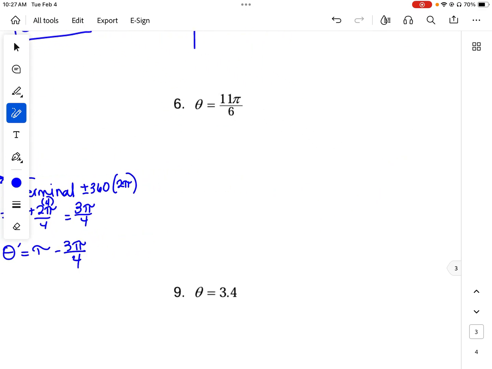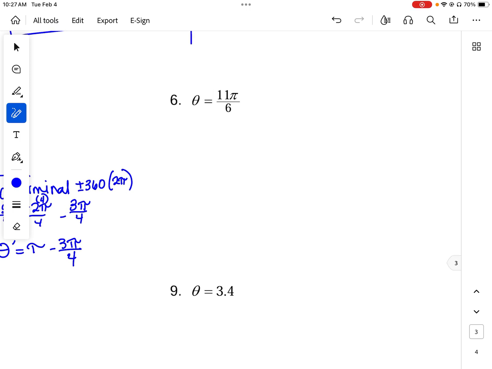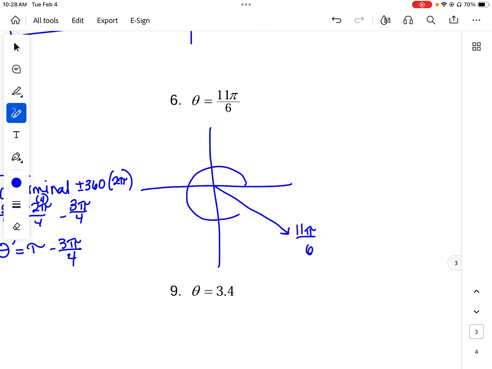11 pi over 6. That is almost 12 pi over 6, which is 2 pi, so it's almost a full revolution. You can use your unit circle to know where exactly that falls. Draw your right triangle, theta prime.